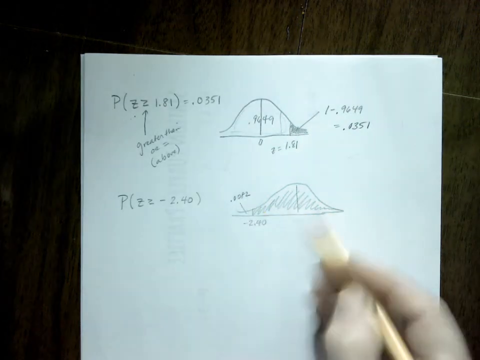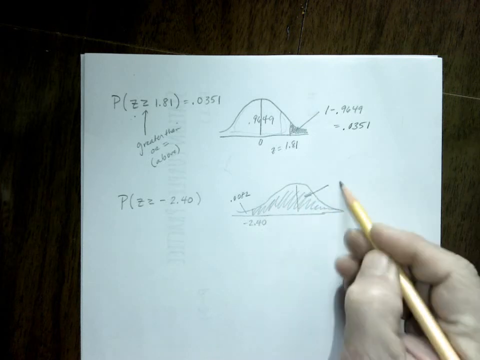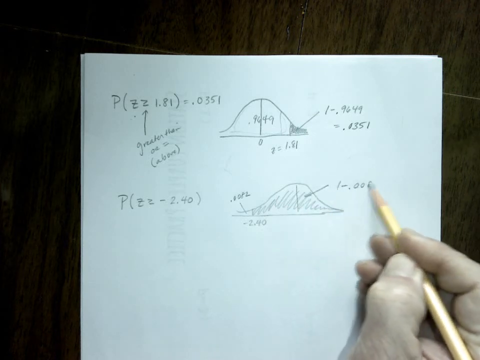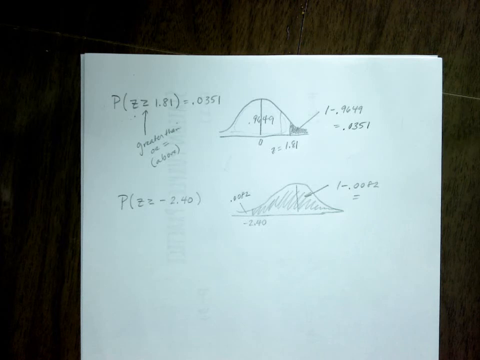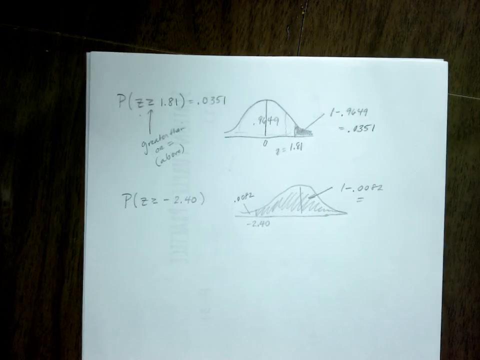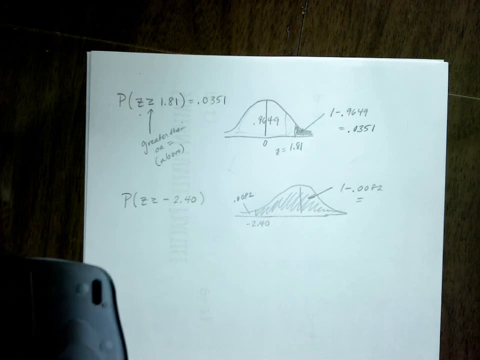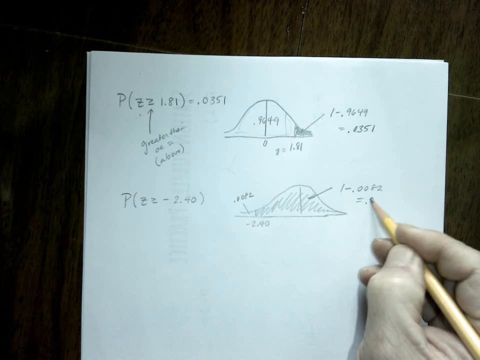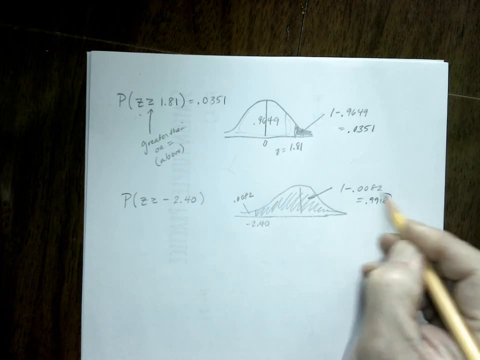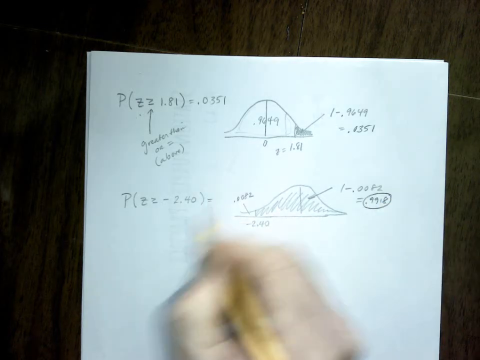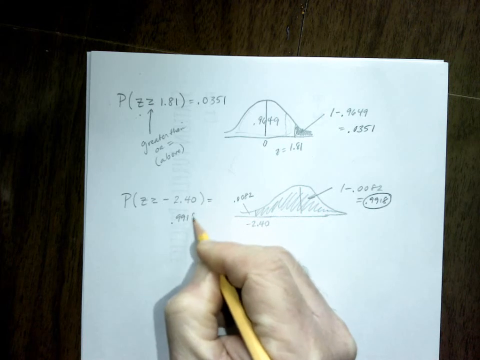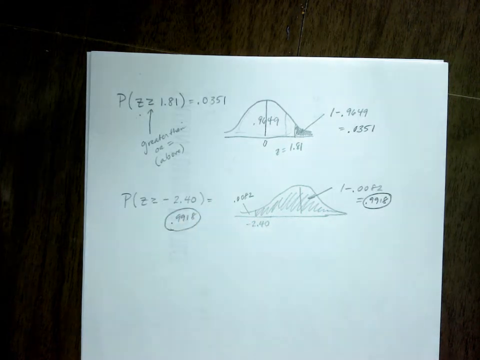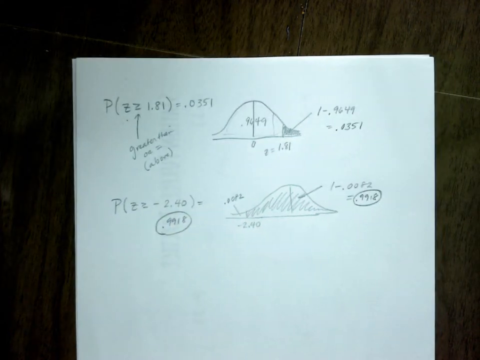I want this area instead, so this area is 1 minus 0.0082. 1 minus 0.0082 on the calculator is 0.9918. So that's the probability. And that's how you do ones that are above.